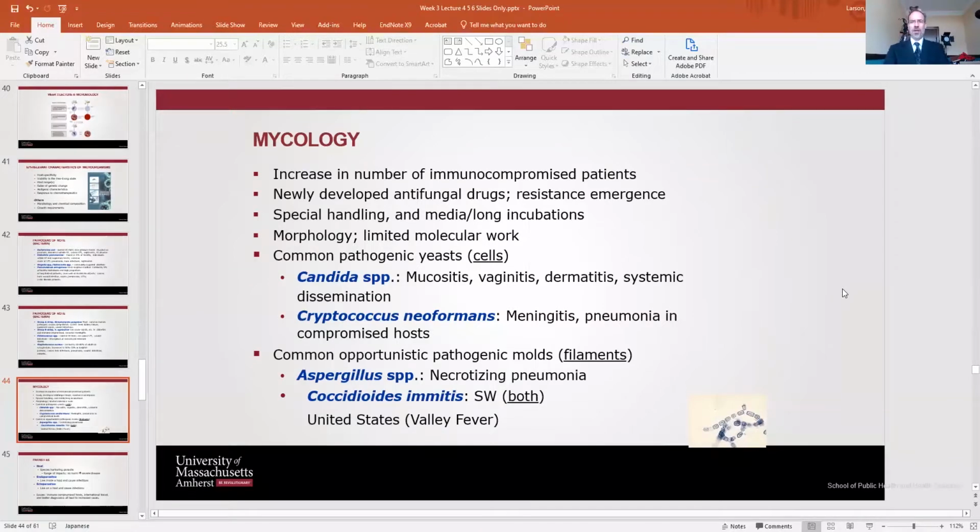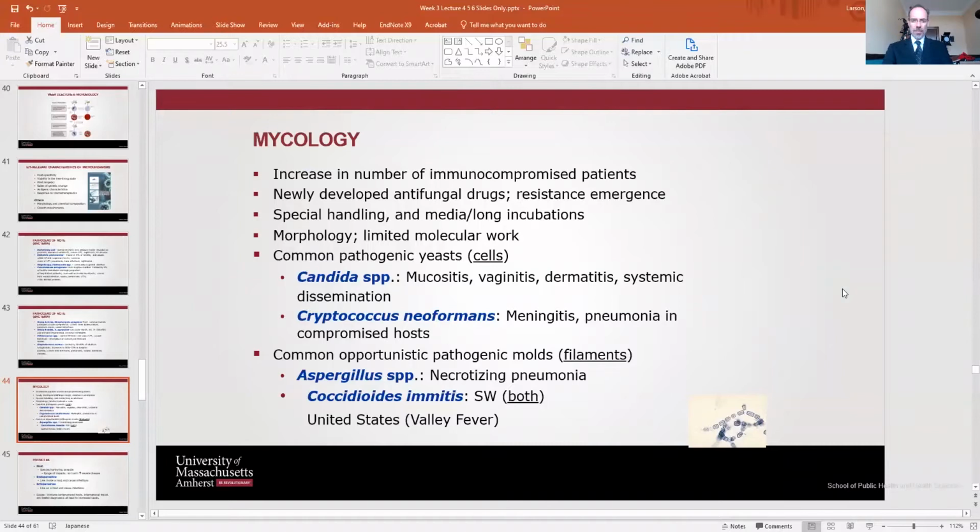Antifungals have come a long way in the past couple decades, but like antibiotics, resistance is a concern. Limited molecular work. Common pathogenic yeasts include Candida: cystitis, vaginitis, dermatitis, systemic dissemination. Cryptococcus neoformans causes meningitis, pneumonia in compromised hosts. Extremely hard to treat.